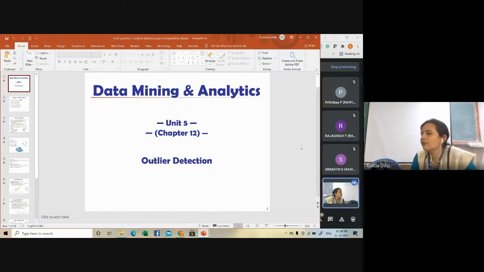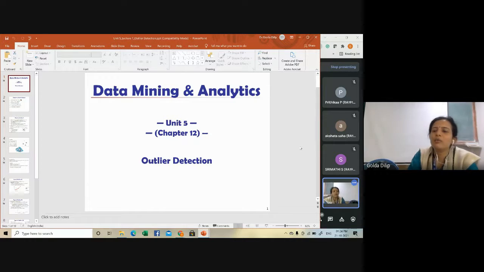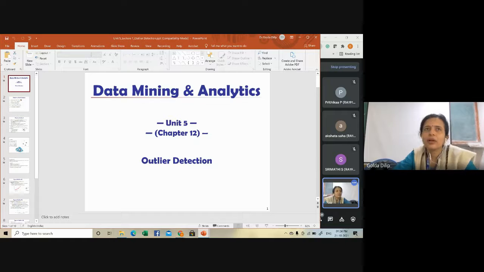That's the first part of the fifth unit. The second part of the fifth unit is all about data mining applications. Two or three case studies are given, which will help us understand the flow of data mining that we had in all the five units.